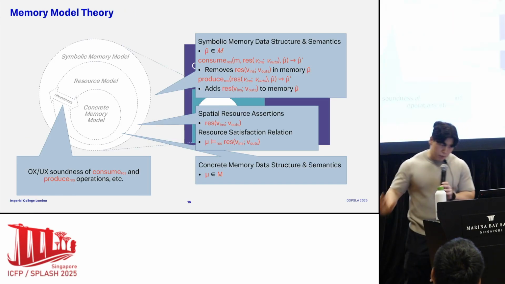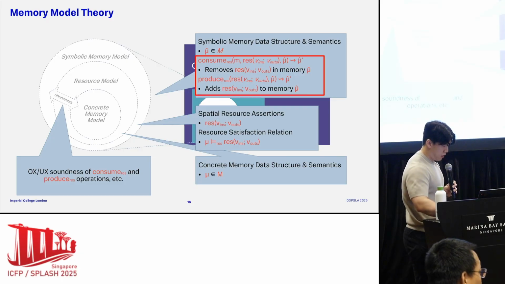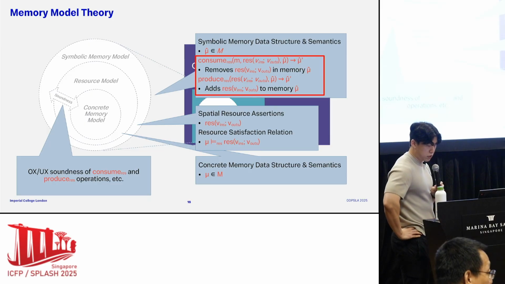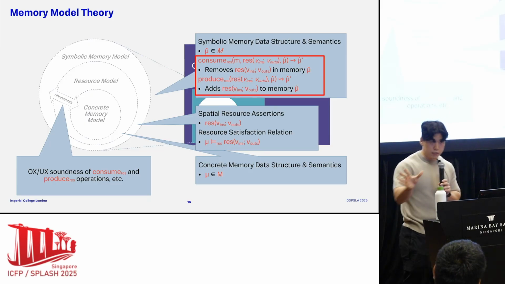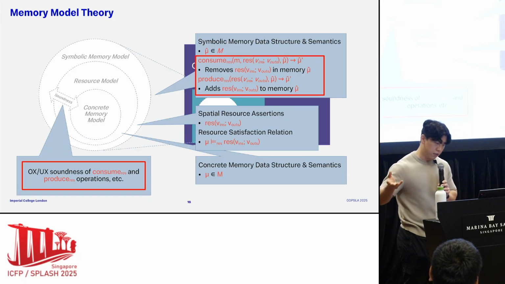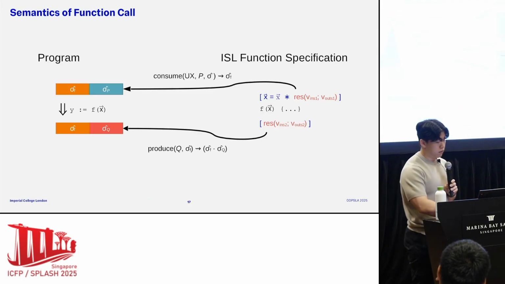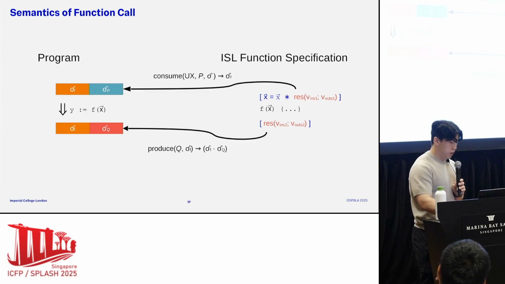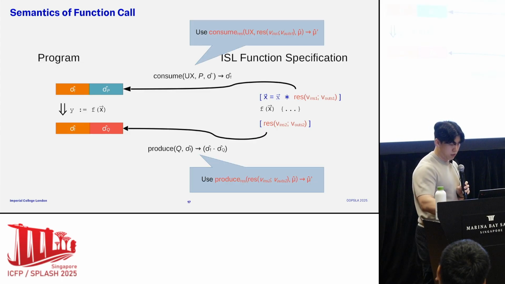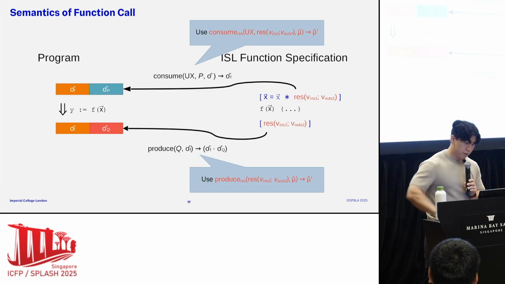But if you take a step back and go to the memory model theory that I introduced before, we realize that we have these consume and produce resource operations. So this is specifically for spatial resources. And we also have properties that state the behaviors of these operations. So the way to tackle this issue is to use the specific consume and produce resource operations.